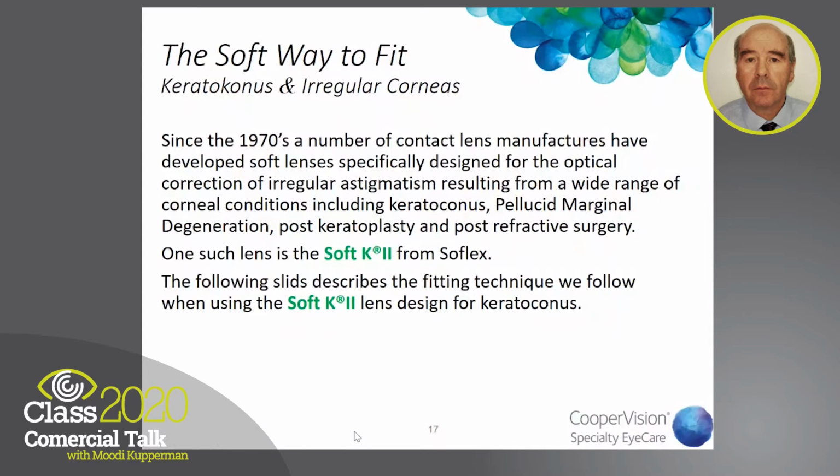Since 1970, a number of contact lens manufacturers have developed soft lenses specially designed for the optical correction of irregular astigmatism resulting from a wide range of corneal conditions, including keratoconus, PMD, etc. But all of them just use the idea of having a normal lens, thicker. Take the lens that you manufacture, make it thicker.